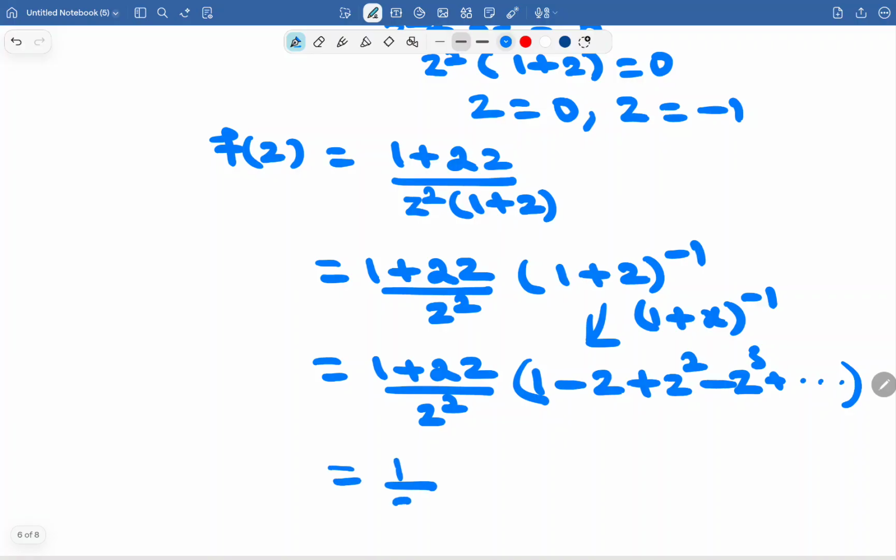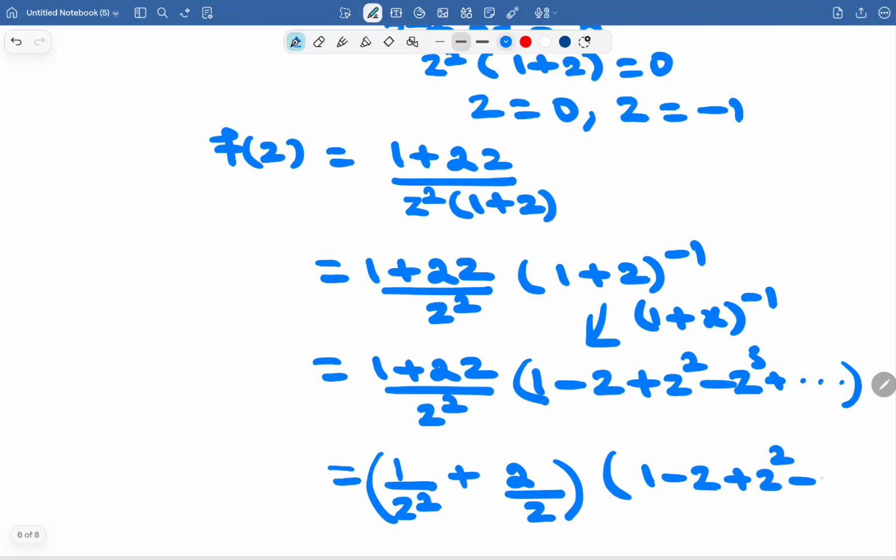This is nothing but 1 by z square plus 2 by z into 1 minus z plus z square minus z cube plus dot dot dot.